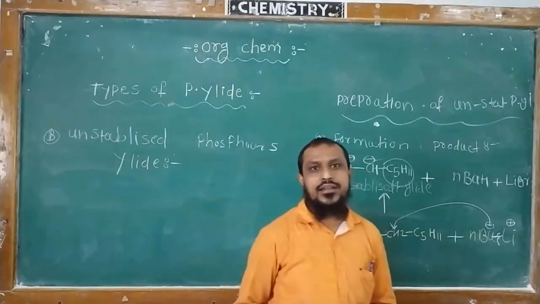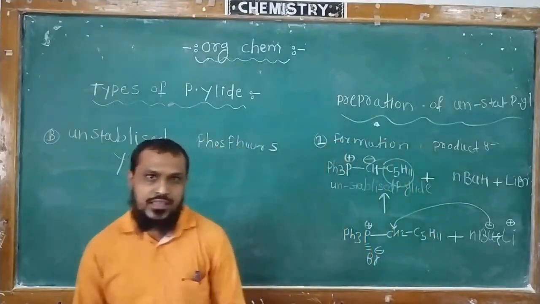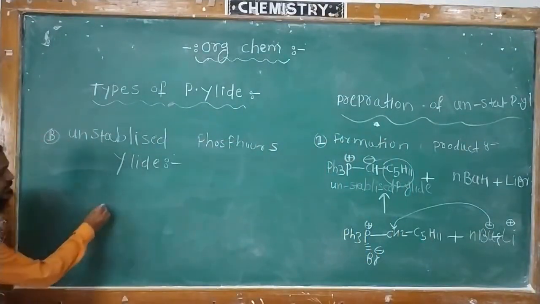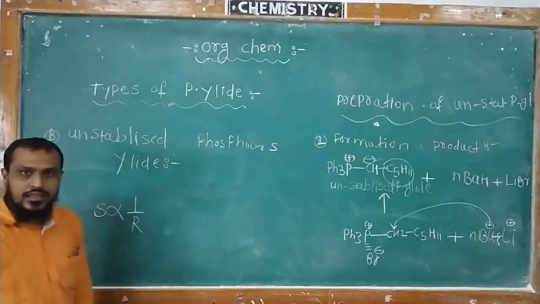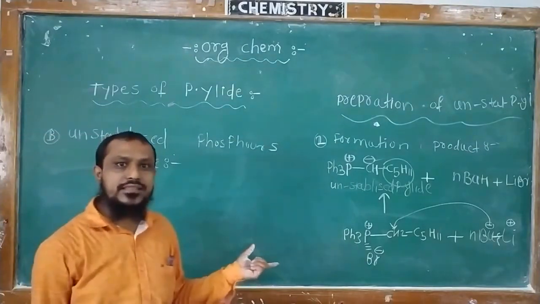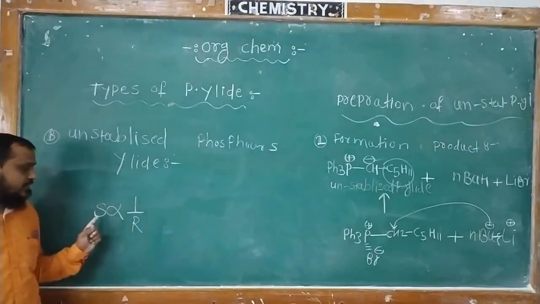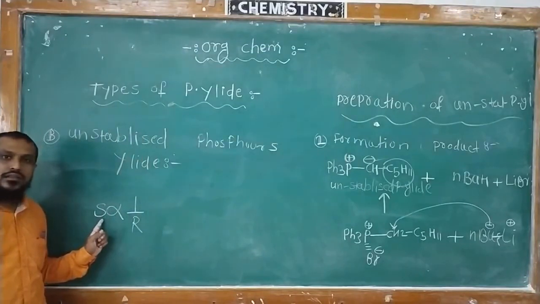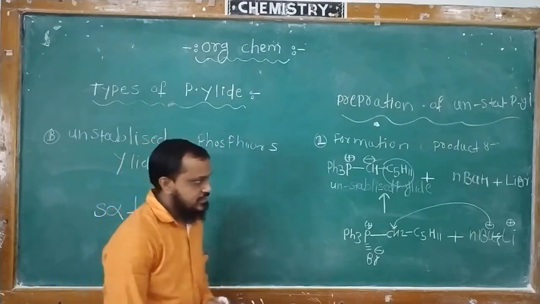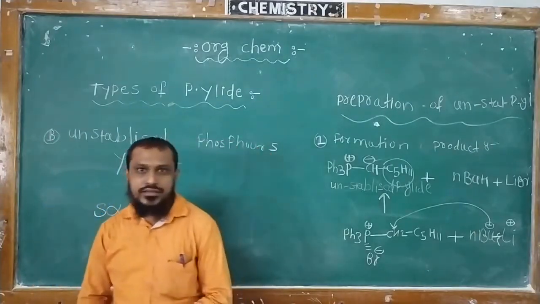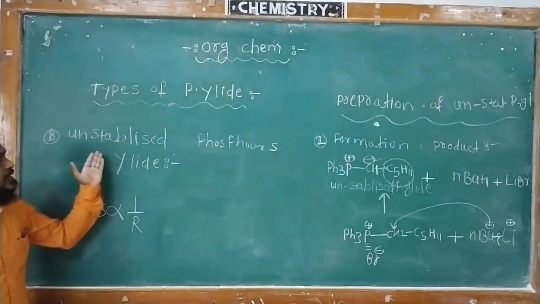We know that stability is inversely proportional to reactivity. If the phosphorus ylide is stable, then it is less reactive. If the phosphorus ylide is unstable, then it is highly reactive. So this is all about the preparation, definition and explanation of the second type of phosphorus ylide, unstabilized phosphorus ylide.